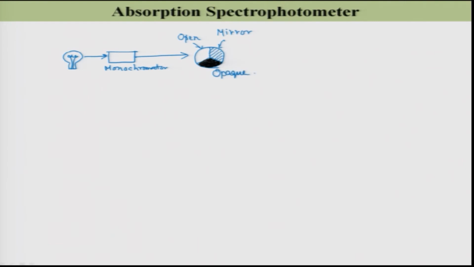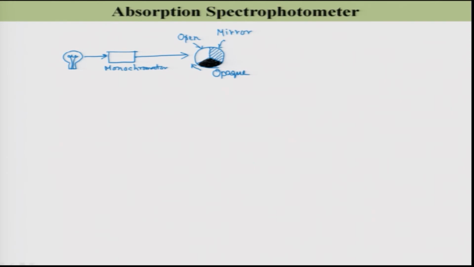So, when I set this optical device, it is divided into 3 parts: one part is the mirrored part, another part is the open part, and the third part is just the opaque part, right. And this device is set in such a way that it is in a rotating condition. Some mechanical device has been used to make it rotate.